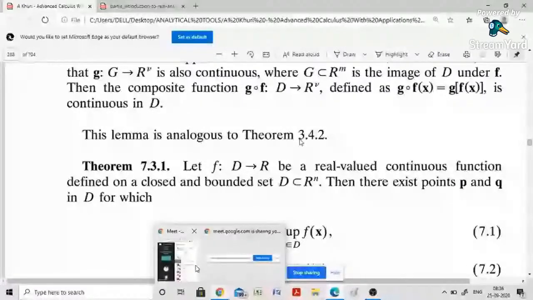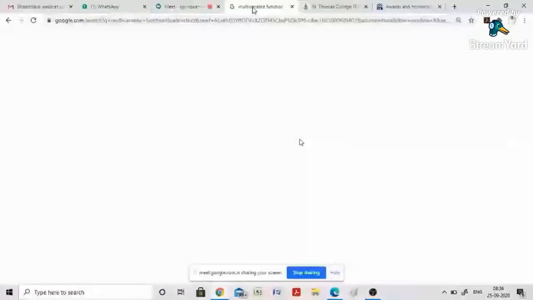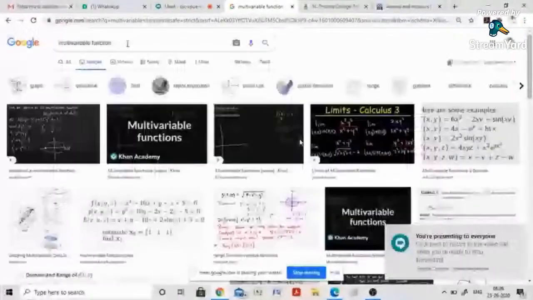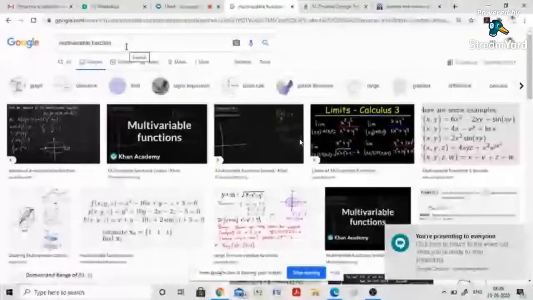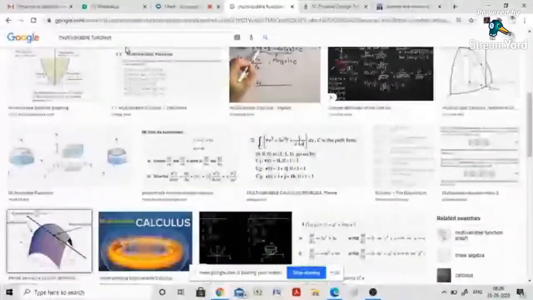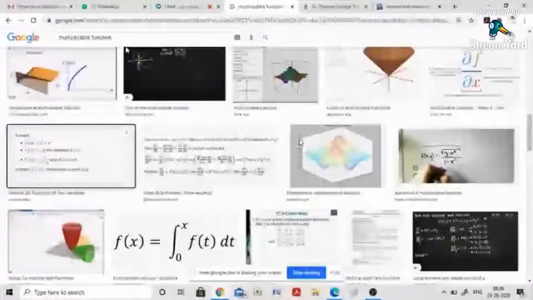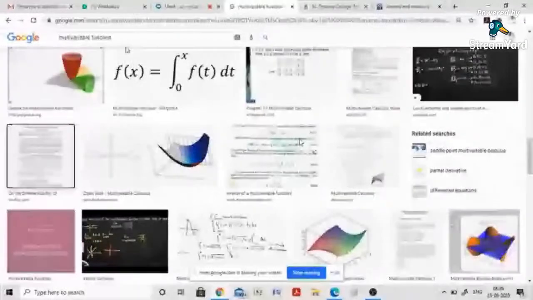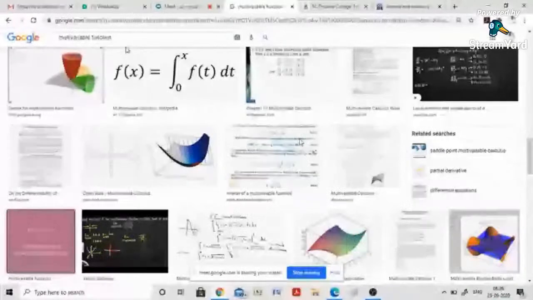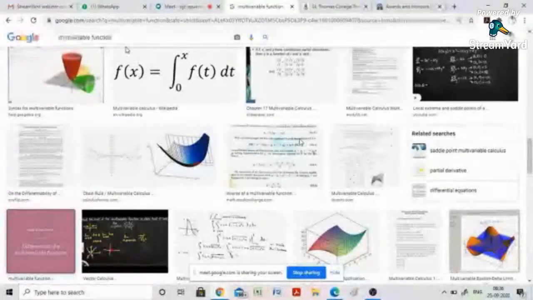some multivariable functions are available on the Google website. These are some multivariable functions. The shape will be the variable function. Okay, the x-axis is there, the y-axis is there, the z-axis is there, and then there is a specified shape for the function.